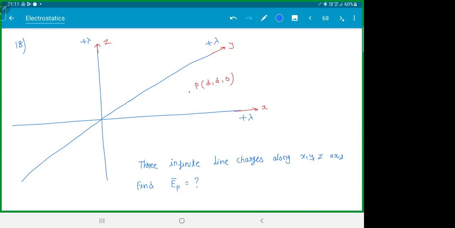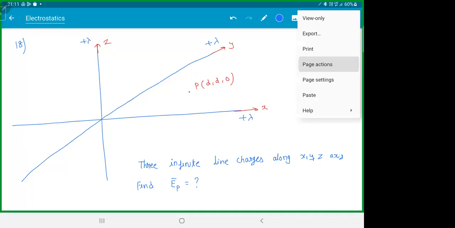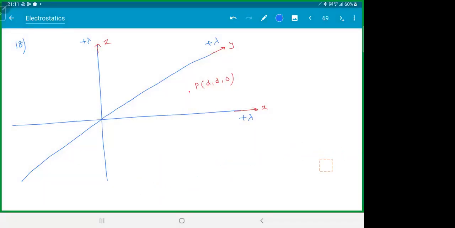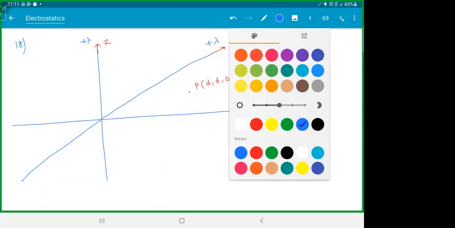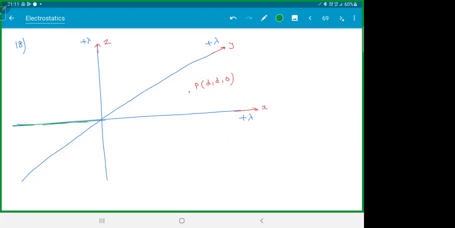Let's see how to do this. See, for us to understand, let the x line be the green line. From here, this is the perpendicular distance, agreed? How much will that be? 2k lambda by d. Let this one be in the red direction. So this also is perpendicular.